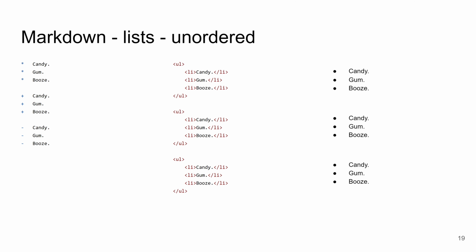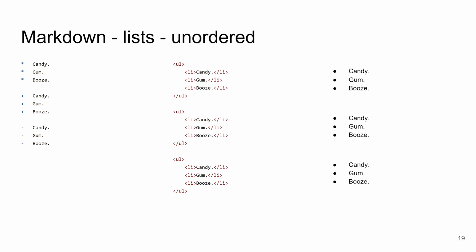Now there is of course a support for lists, and we'll start with unordered lists. So here we have 3 styles for unordered lists in Markdown. We have asterisk based, plus based, and minus based, and all those are the asterisk character, then white space, at least one space, but even more is possible, and then the item.